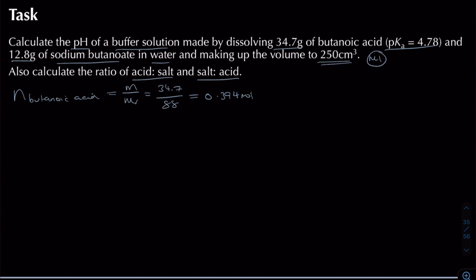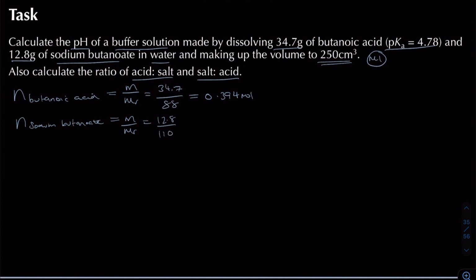And then let's say I work out the number of moles of my salt, my A minus, sodium butanoate, which is going to be looking like this. I'm not going to write the formula out just because of time. I'm going to do the same thing again, the mass divided by Mr, which is going to be equal to the mass in this case, 12.8 grams itself, and we're going to divide that by the Mr, which is going to be equal to 110, right?